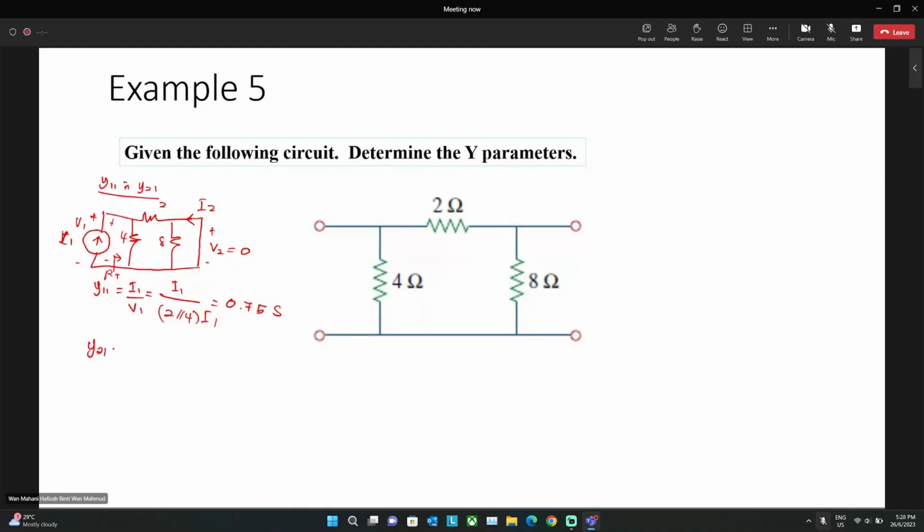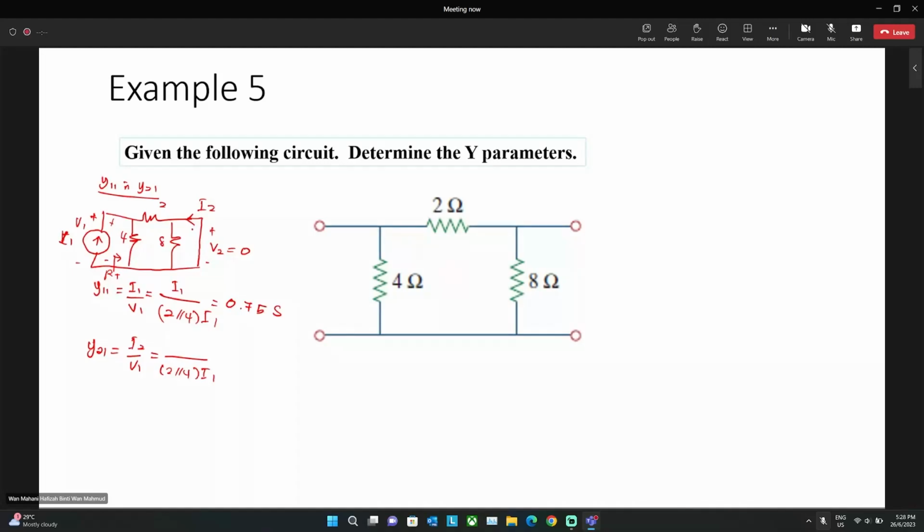Seterusnya untuk Y21, okay, I2 pula bahagi dengan V1. So sekarang ni kita kena cari I2 dalam sebutan I1 dan V1 dalam sebutan I1. So V1 ni you boleh ambil terus yang bawah ni. 2 parallel 4 I1. So sekarang ni kita nak I2 in terms of I1 so that we can cancel out I1.